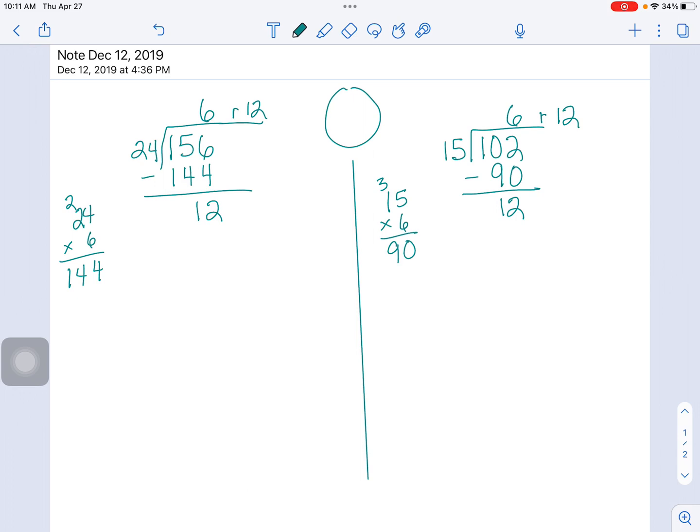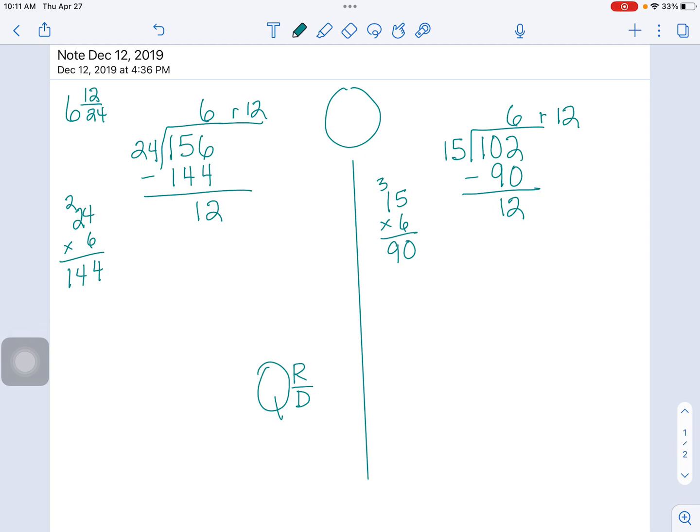All right. So now I can make this into a mixed number. So if I take my quotient, put my remainder on top of my divisor, I can make a mixed number. So this one would be 6 and 12/24.